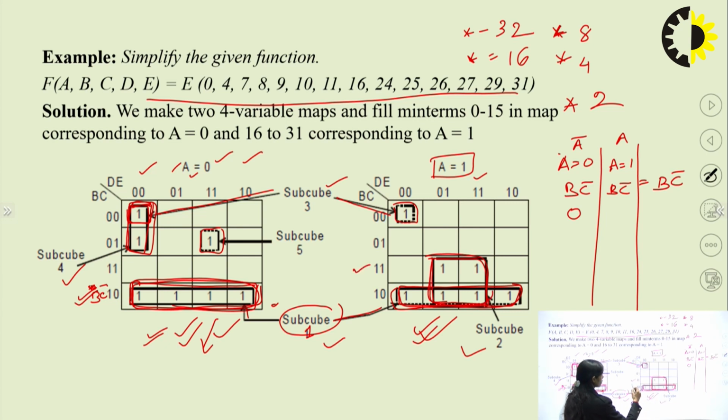So there will be the 3rd row and 4th row, and the 2nd row and 3rd column. This can be calculated as B bar C bar, BC bar, and D bar E and DE. In this, B bar and B sum up to 1, so we are left with C bar only.